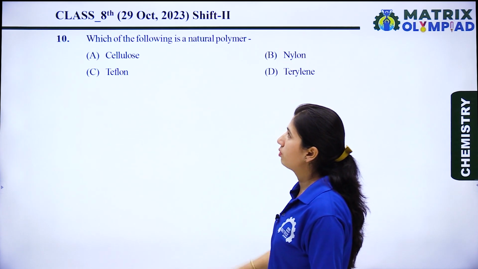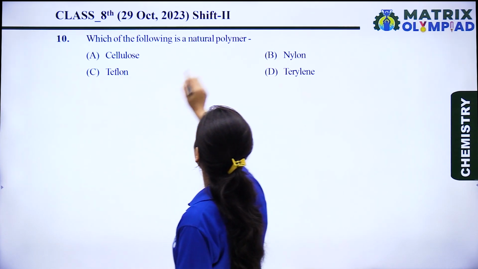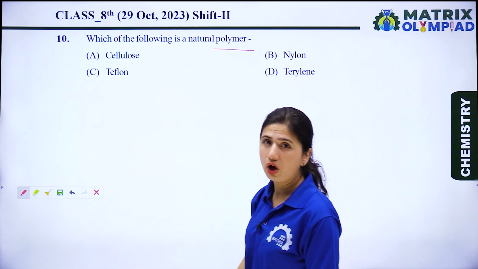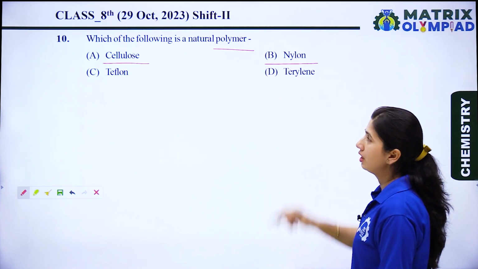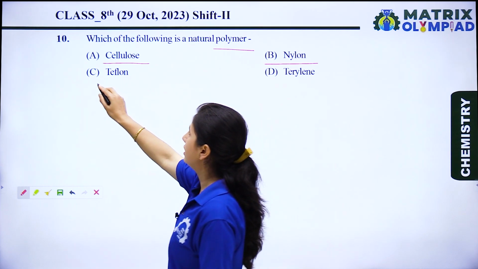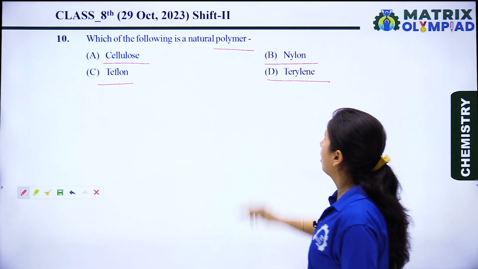Now the next question is, which of the following is a natural polymer? Option A is cellulose, option B is nylon, option C is Teflon, and option D is terylene.